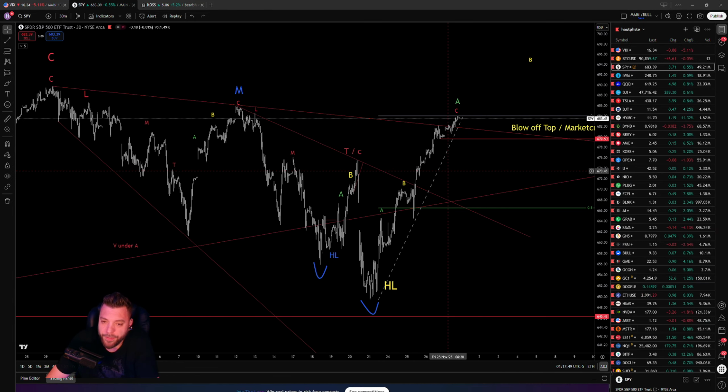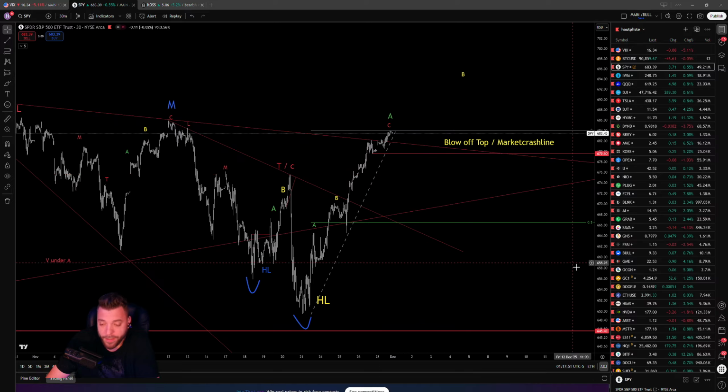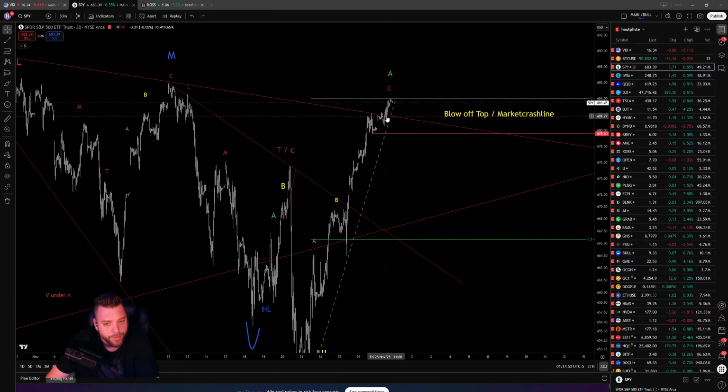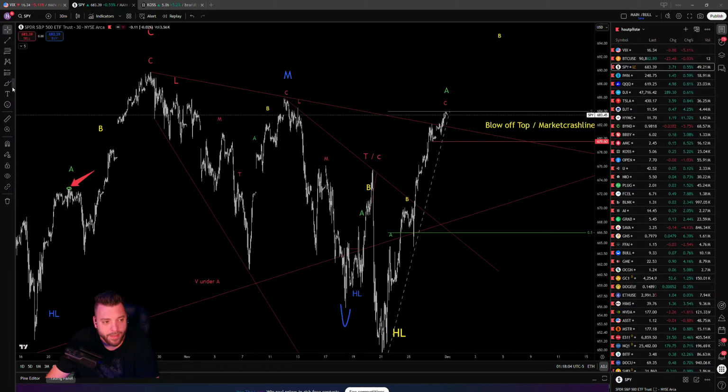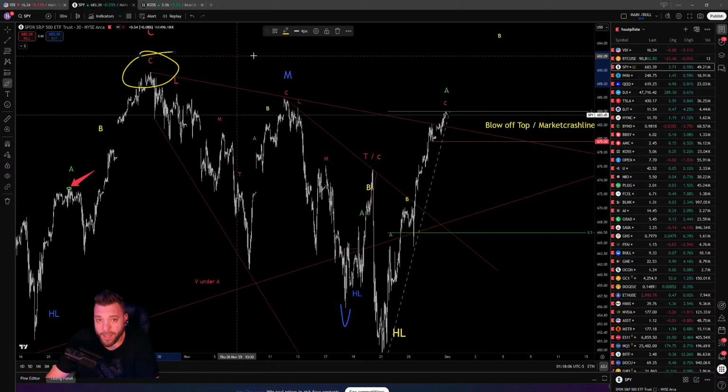So, for the tracking, the good part is we broke this trend line, the market crash or blow off top trend line. So the version, in my opinion, that this here was the market top, I think is gone.